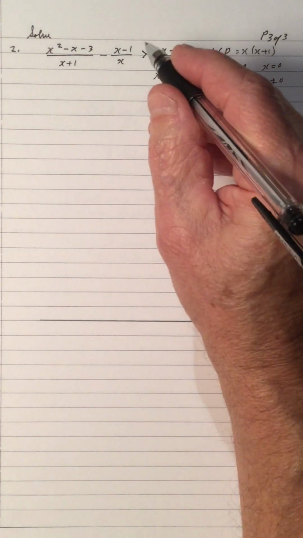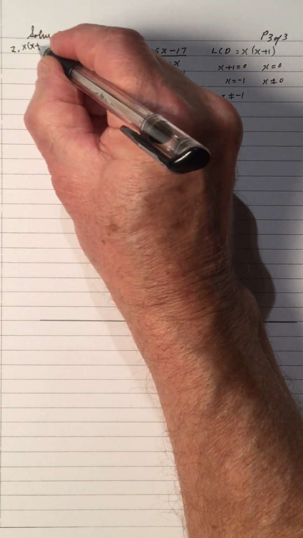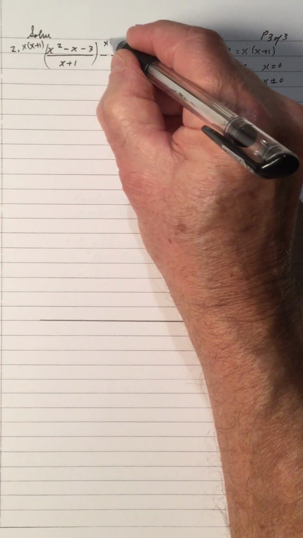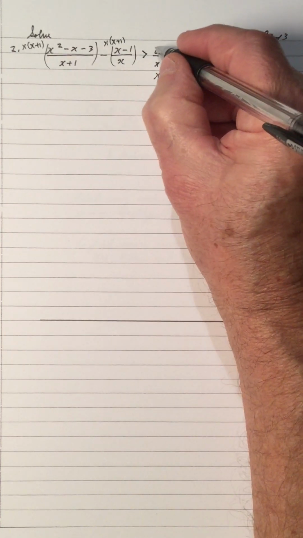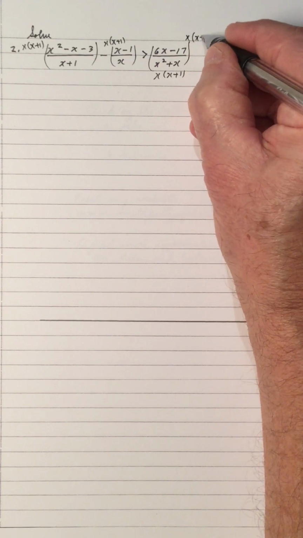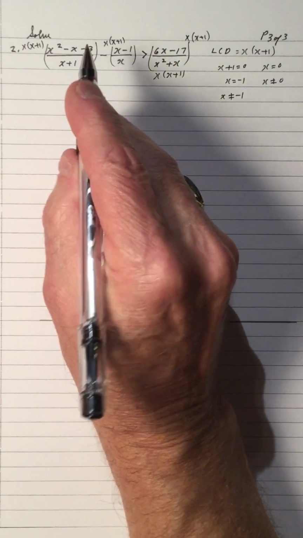So we have fractions. We multiply by the LCD, so x times x plus 1. This fraction is multiplied by x times x plus 1, and this fraction is multiplied by x times x plus 1. If I multiply by the LCD, every denominator should cancel.